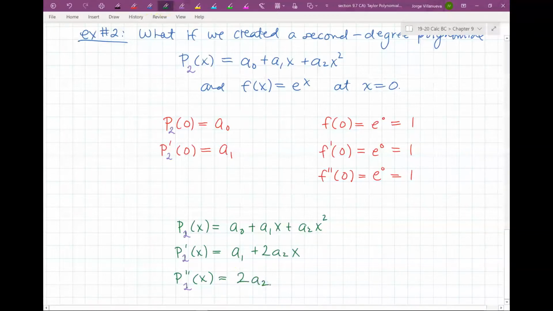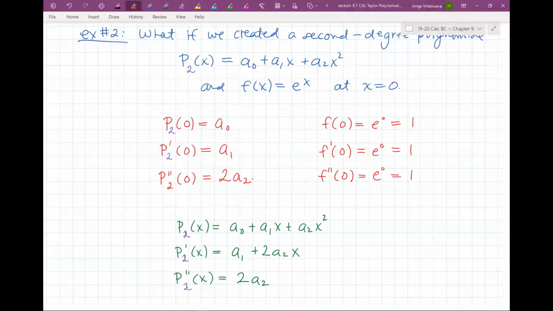2 a sub 2. So what's p double prime of 0 for the second degree polynomial? If you plug in a 0, you get 2 a sub 2.